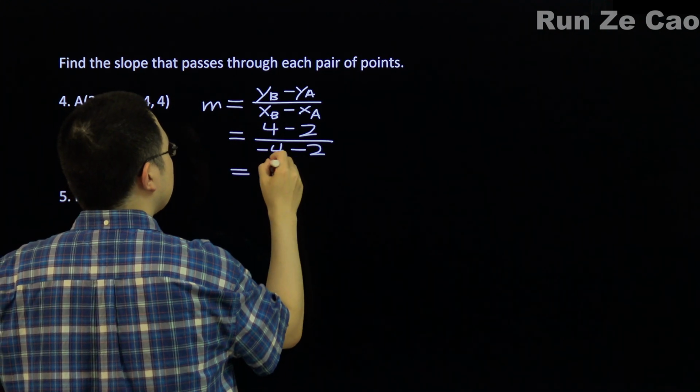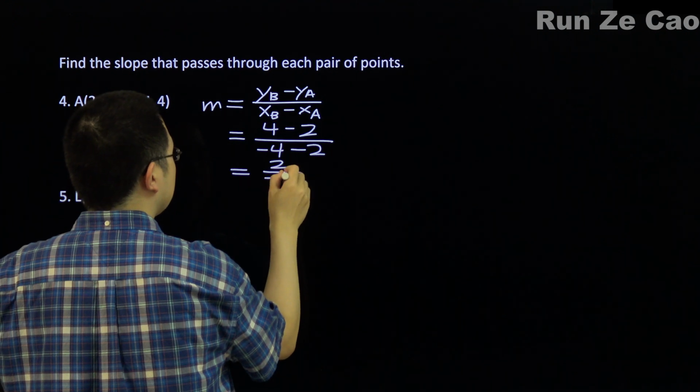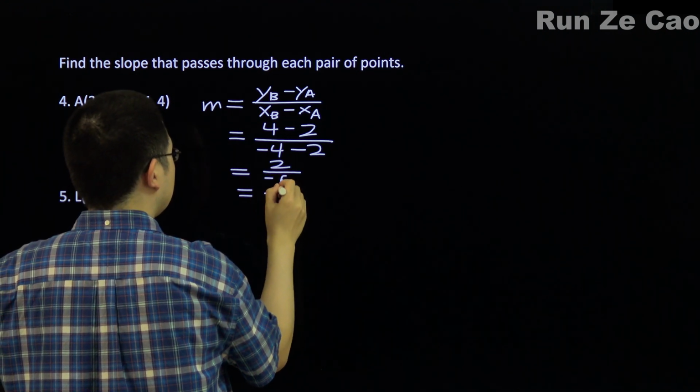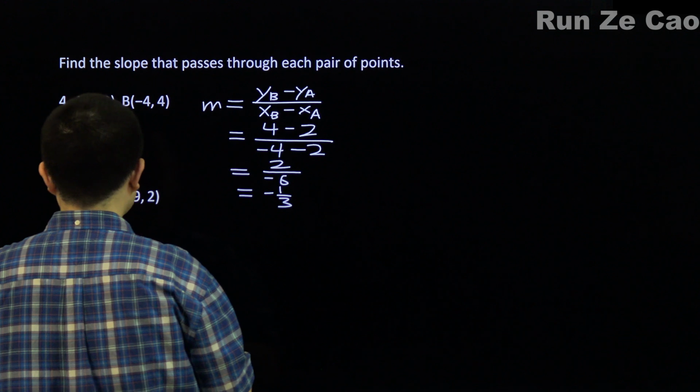So we end up with 2 over negative 6, or negative 1/3.